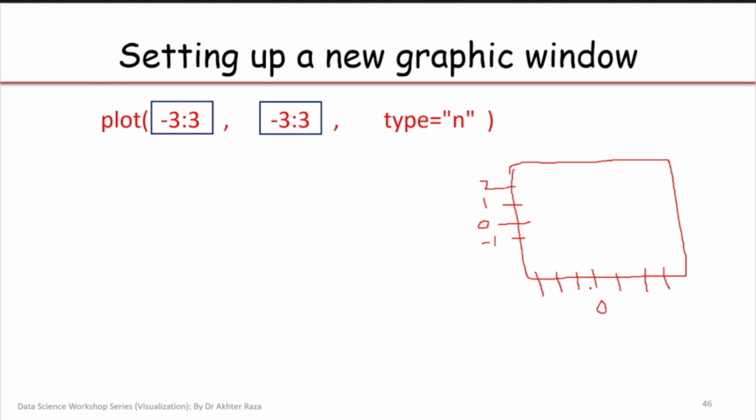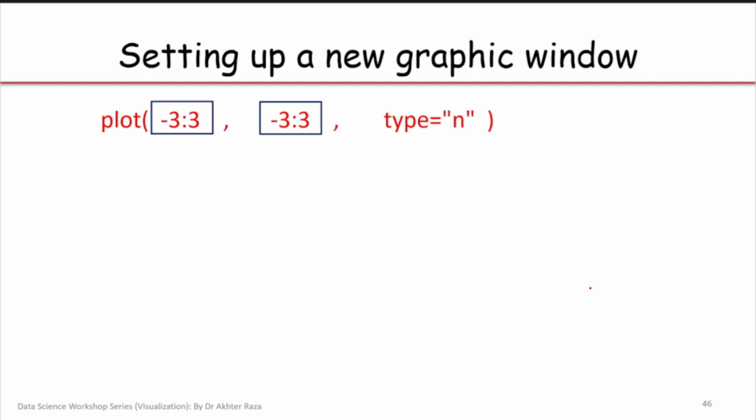Over this new window we can plot anything, but that thing will be in between the scales of this window, and the scale is from -3 to +3 and -3 to +3.